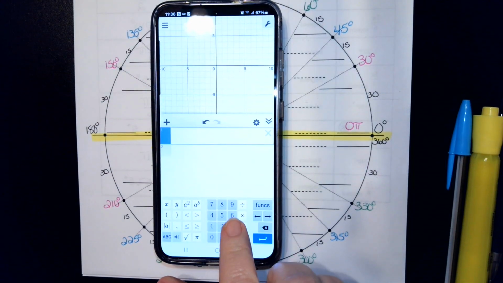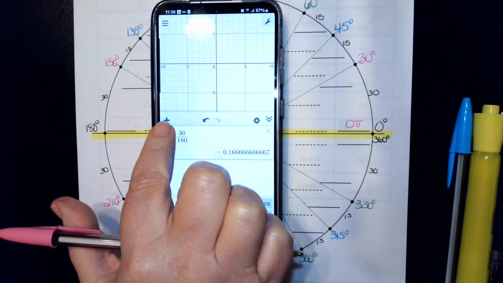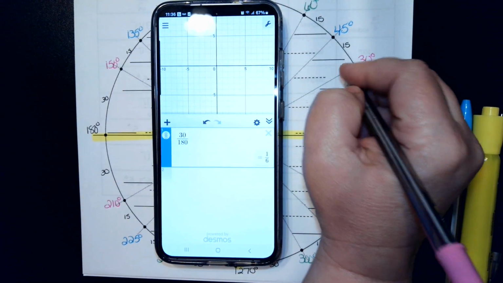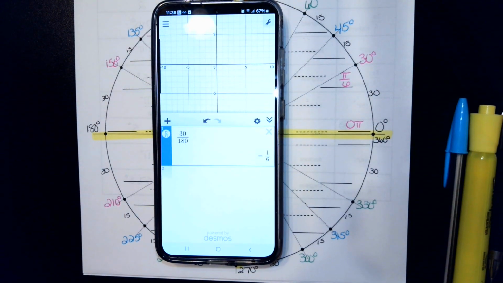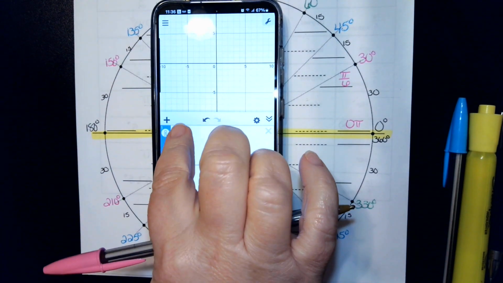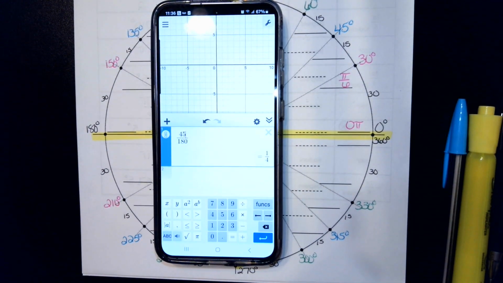Alright, so now we're going to do 30. So we're going to say 30 divided by 180. Hit that fraction button, and we see 1/6. So that's going to be 1 pi over 6, or just plain old pi over 6. For 45, I'm just going to change the 30 to 45. So we say 45 divided by 180.